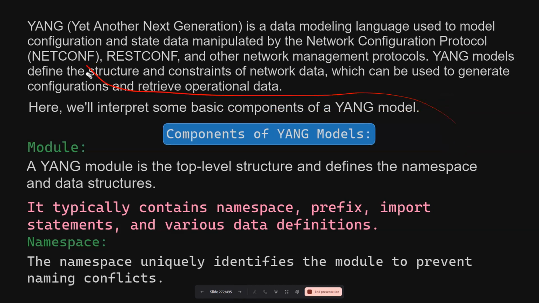It can use protocols like NETCONF, RESTCONF, or any other network management protocols. A YANG model defines the structure and constraints of the network data. You will see that it has the model and that can be used to generate configuration and retrieve operational data.